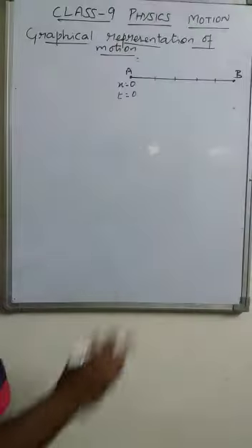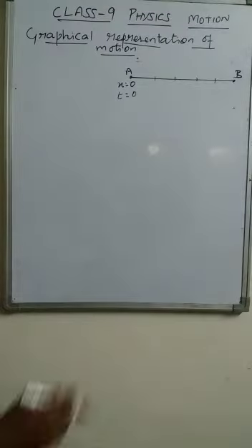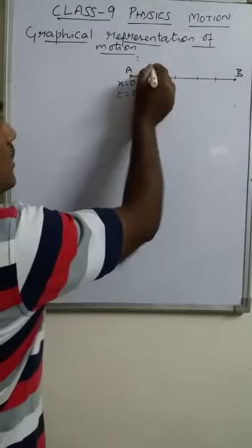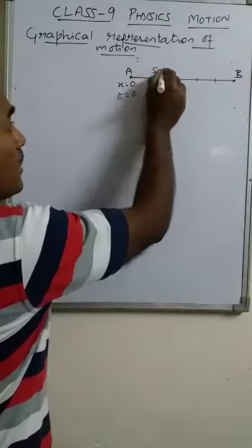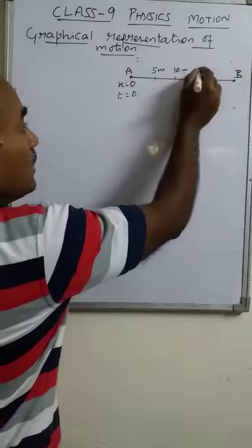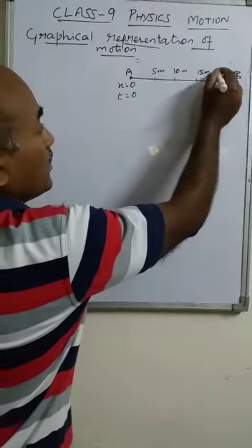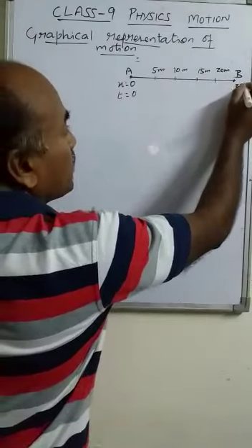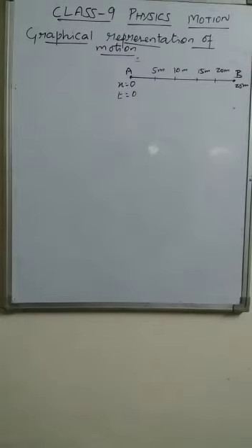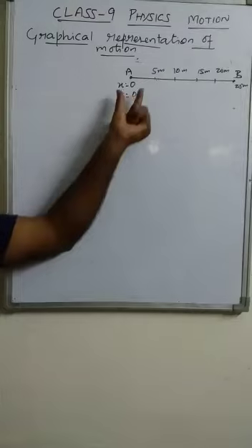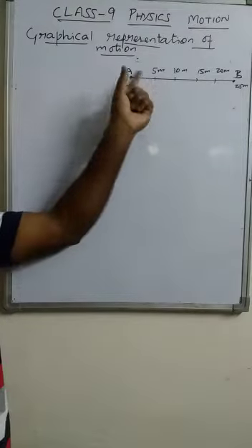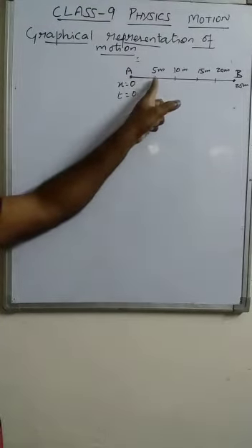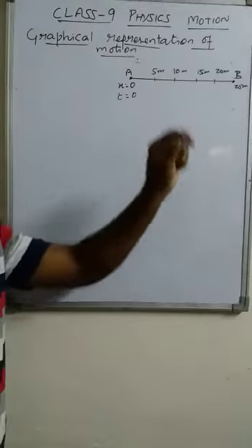In that change in position, the time also changes. So as it is changing, suppose it goes to the position of 5 meter, then 10 meter, then 15 meter, then 20 meter. Finally it reaches 25 meter position. From this we can find how much is the distance traveled. Here the position is 0, the position is 5, the distance is 5 meter.